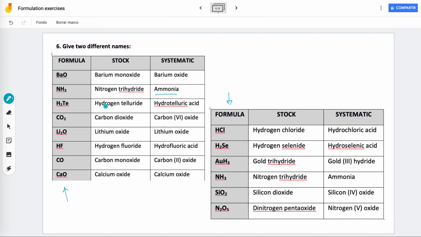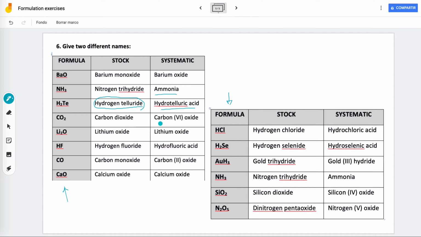Why don't we write dihydrogen telluride? Because it's the only hydride possible. Okay, so this by heart, yes, and this is the acid, hydrotelluric acid.